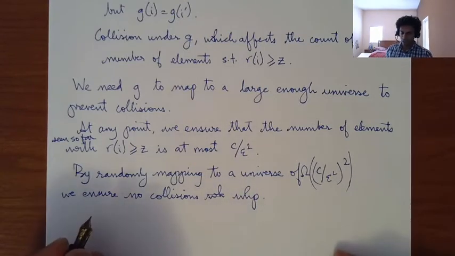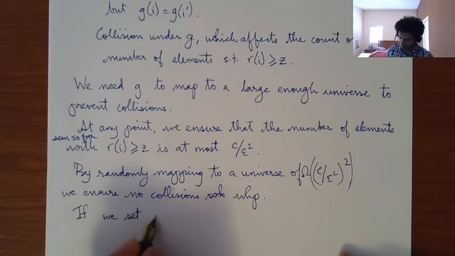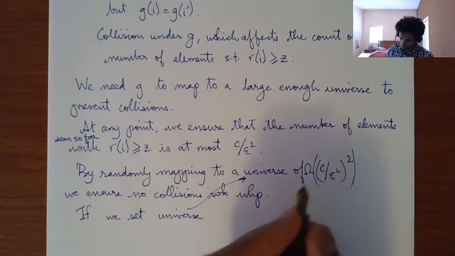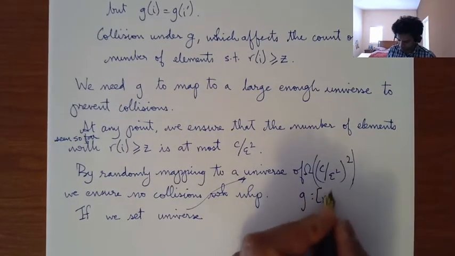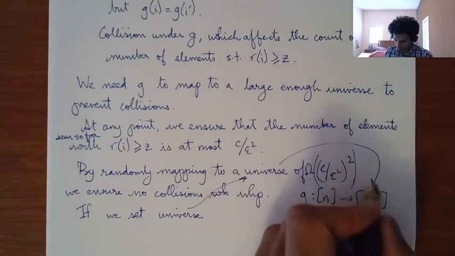Indeed, if we set the universe, this universe, right? So what is this universe? This is, remember, G is mapping this to some universe. This is the universe that I'm talking about.